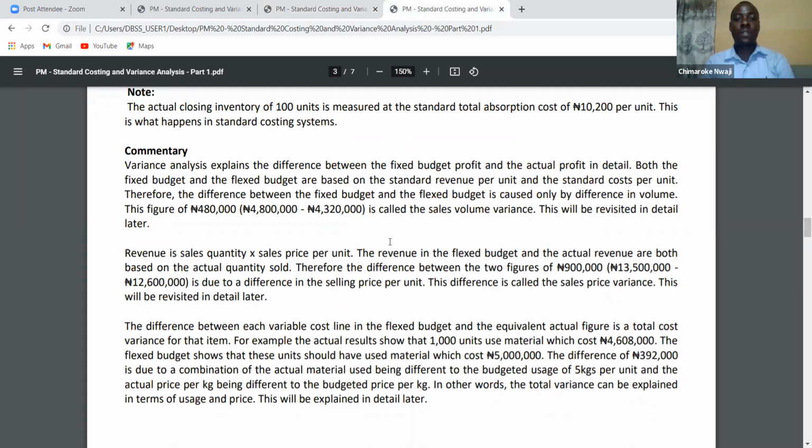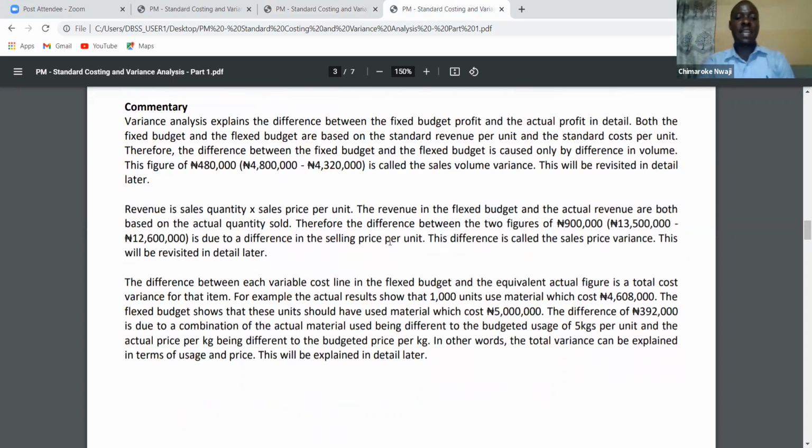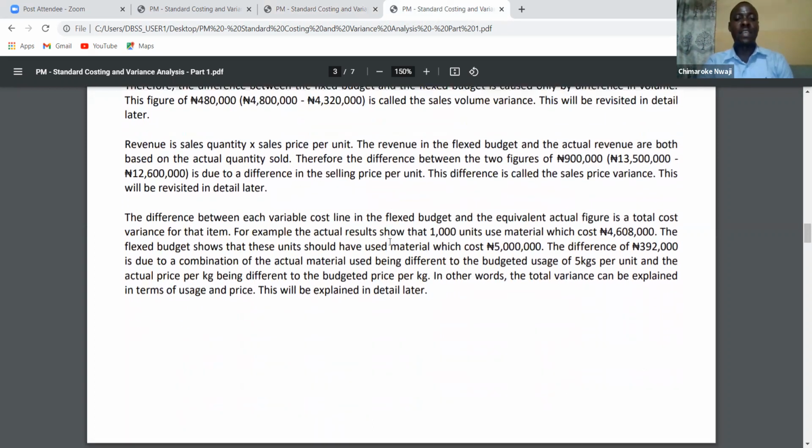And now, in sales revenue and cost also, there are differences in volumes that give you different costs. So we'll talk about it later when we go deep into variance analysis.